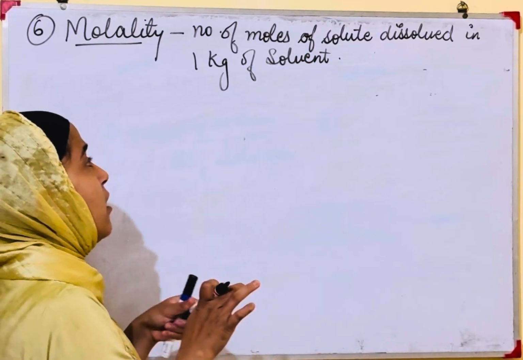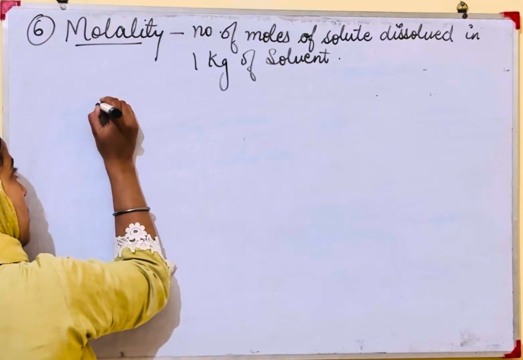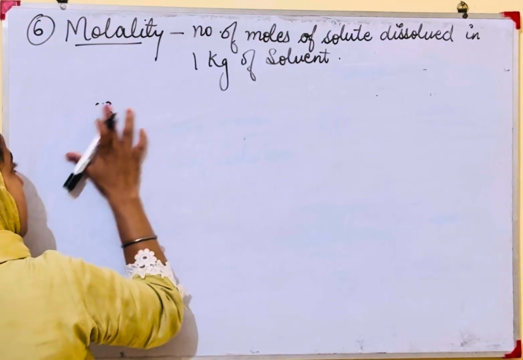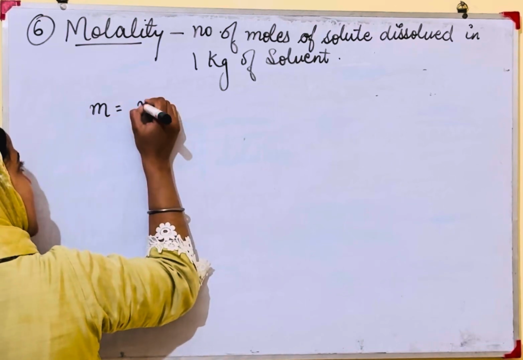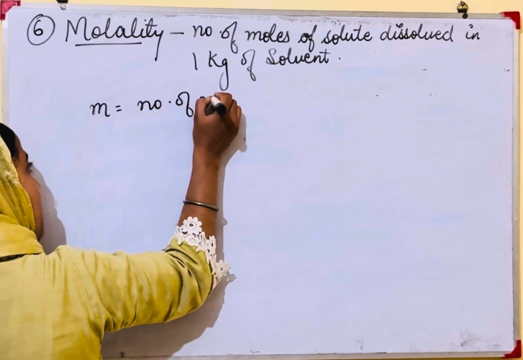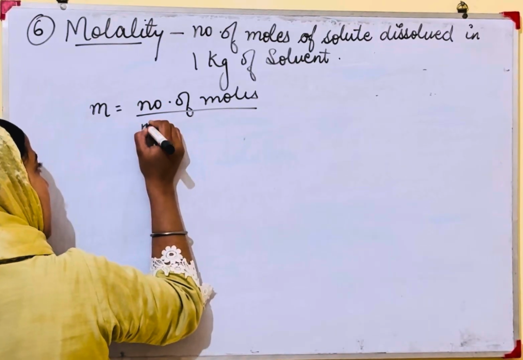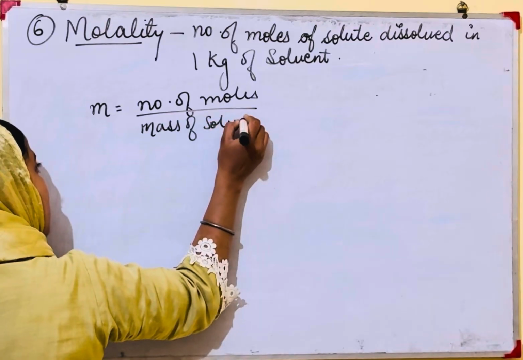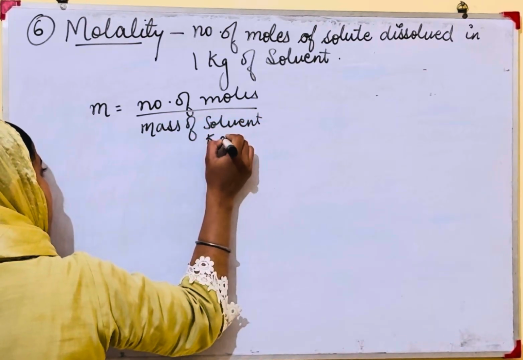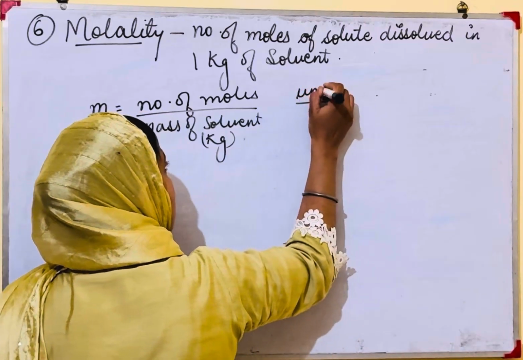Here we are taking 1 kg of solvent. So what will be its expression? It is represented by small m, which is number of moles divided by mass of solvent, which is in kilogram. From here we can calculate its units.